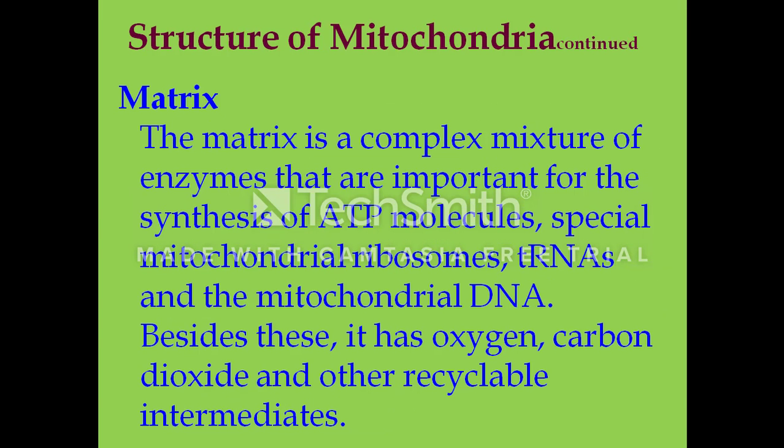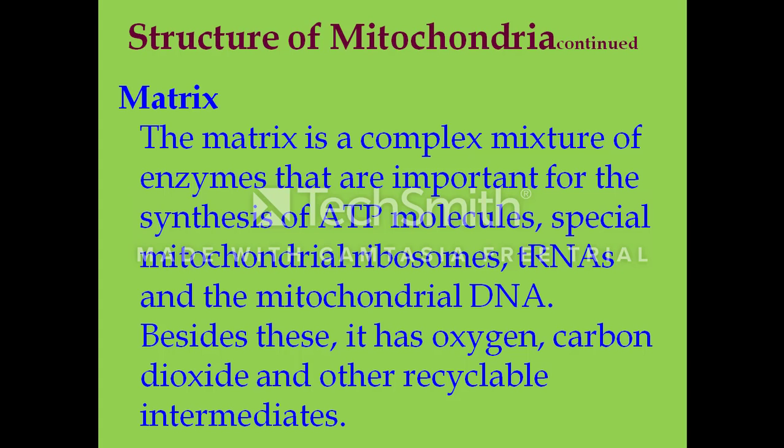The central portion of the mitochondria is called the matrix, is a complex mixture of enzymes that are important for the synthesis of ATP molecules. Special mitochondrial ribosomes, tRNAs and mitochondrial DNA are located in the matrix. Besides this, it has oxygen, carbon dioxide and other recyclable intermediates.